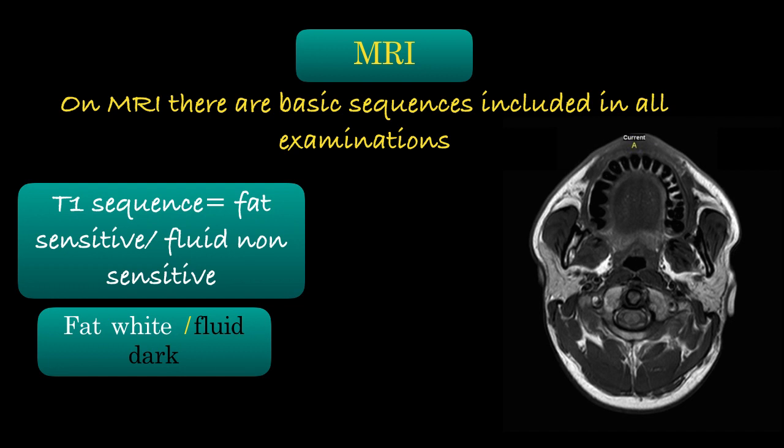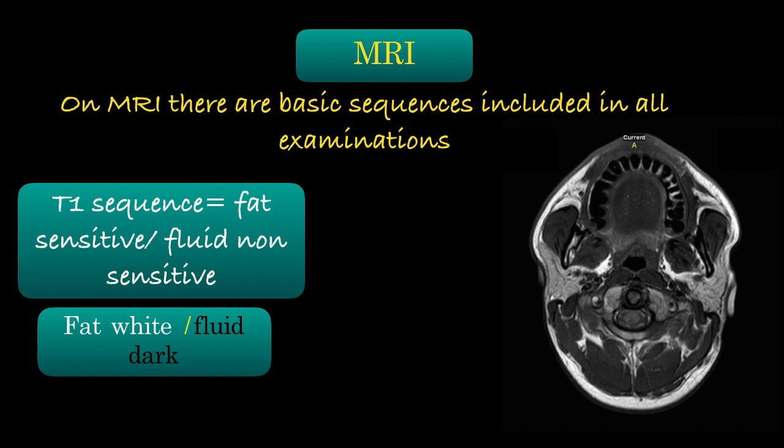And we have to look at the CSF, the cerebrospinal fluid around the spinal cord, and see what color it is, to be able to know whether the picture is a T1 sequence, a T2 sequence, or whatever. So here we look at the buccal pad of fat and the occipital fat, and we can see that they are white. Then the fat is white.